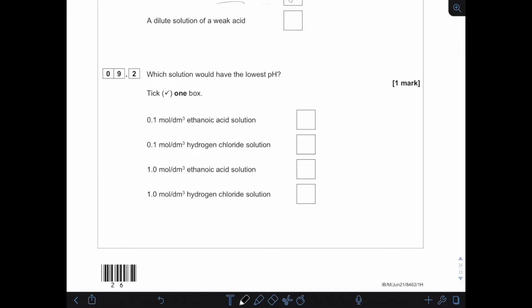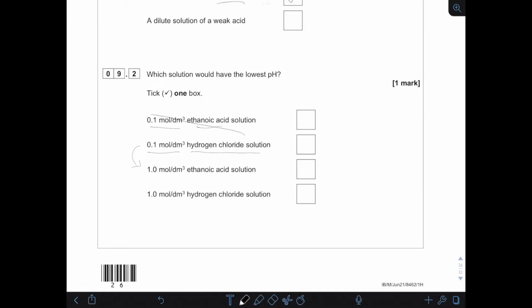So 0.1 is a low concentration. Hydrochloric acid has a lower pH than ethanoic acid of the same concentration, so it's not the top one. If I have a higher absolute concentration, odds are the higher concentration is going to be more acidic, with more protons floating about.